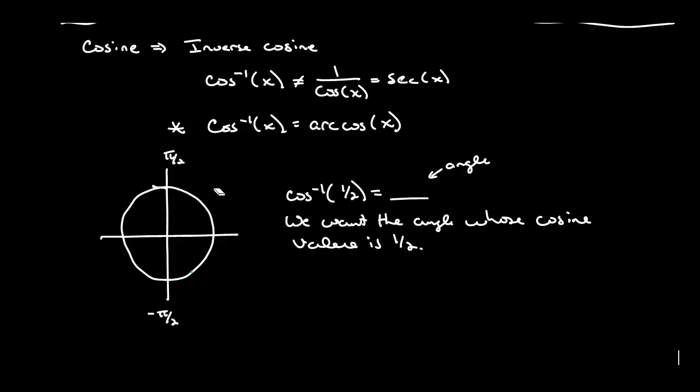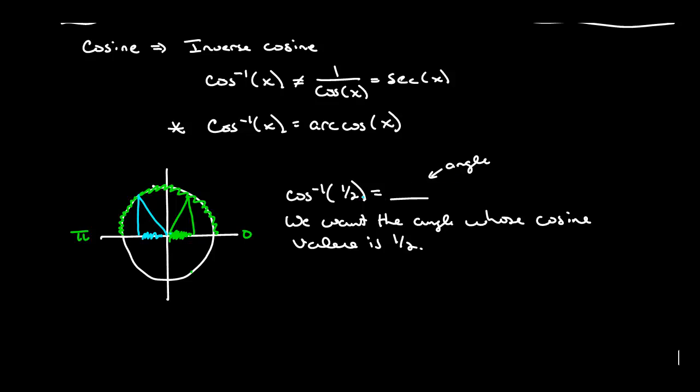So what we do is instead of going from negative pi over 2 to pi over 2, we have to switch this up, and we have to go from 0 to pi for our angles. So our angles are over here. Now if you ask for the cosine of 1/2, there's only one guy that has a cosine of 1/2, because if you try to reflect it over here, this guy is negative 1/2.